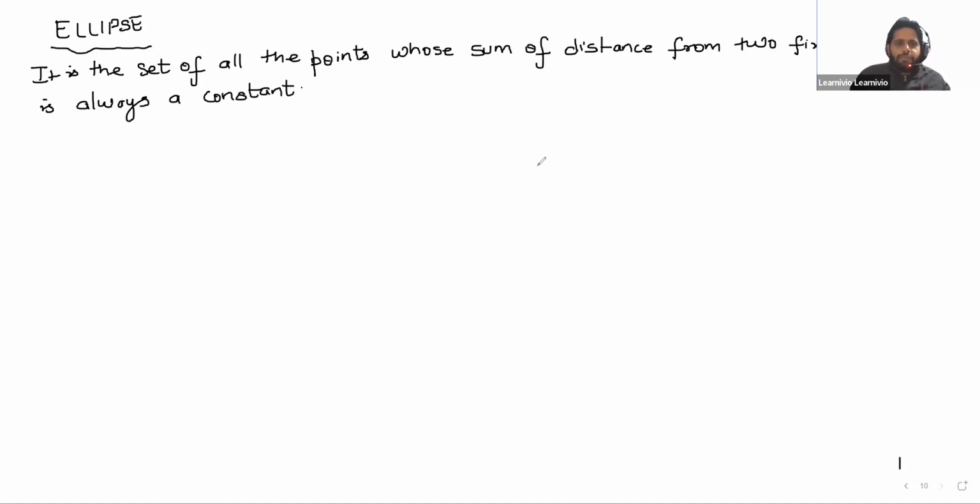Okay, so what's the ellipse? It is a set of all the points whose sum of distance from two fixed points is always a constant.